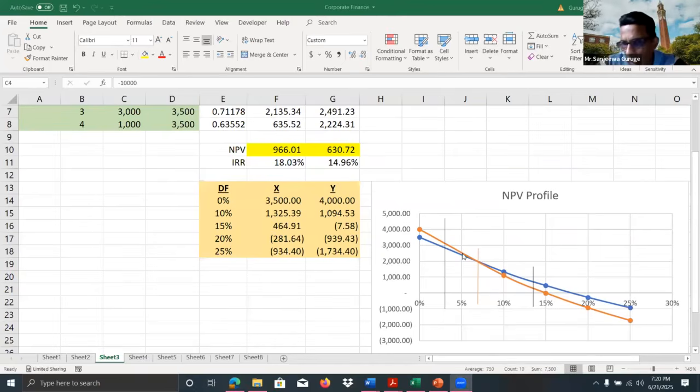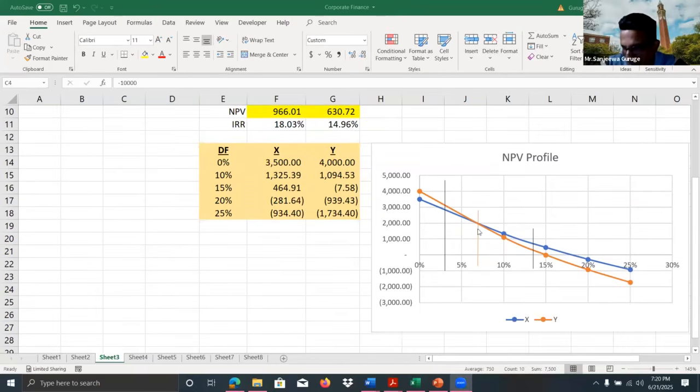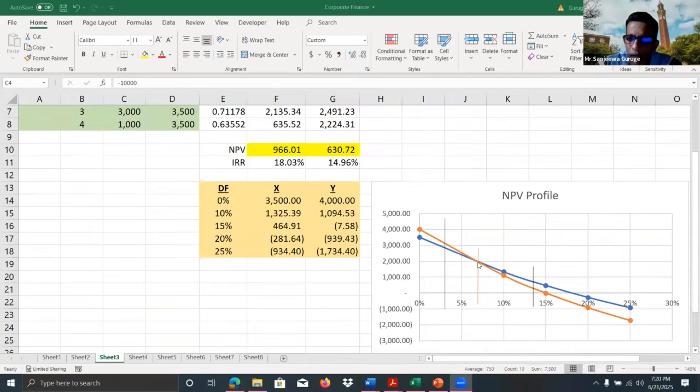So we can even identify the point where the NPV profiles of the 2 projects cross, right? So what is the point? That the NPV profiles of the 2 projects intersect each other, cross each other. That point we can identify. What is that point? Anyone knows how to calculate this crossover point?